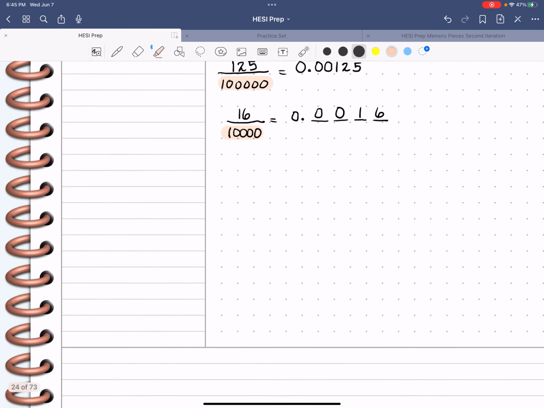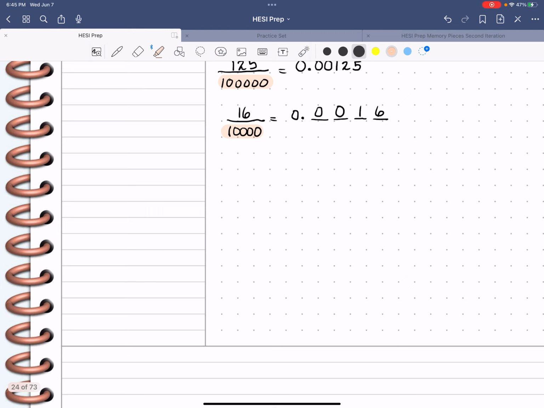Okay, now let's go the other way. This time I want you to change the decimal to a fraction. And your calculator is not going to help you here. You're going to have to know that big number line that I gave you back on page 20, I believe.